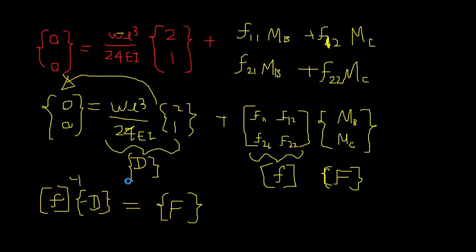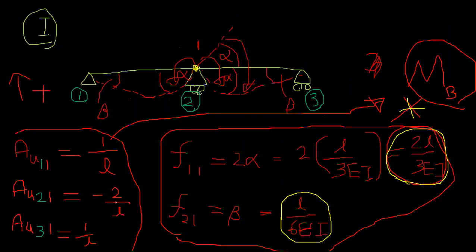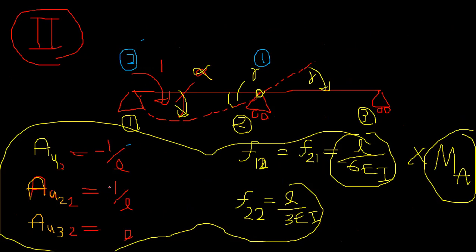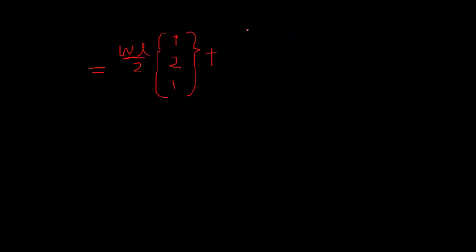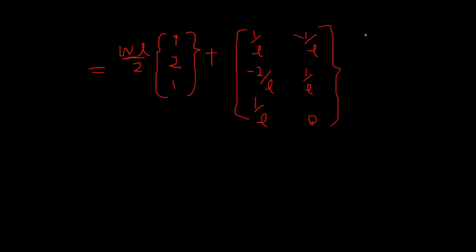So what's that? Here 1 over, minus 2 over, 1 over, here minus 1 over, into force matrix.